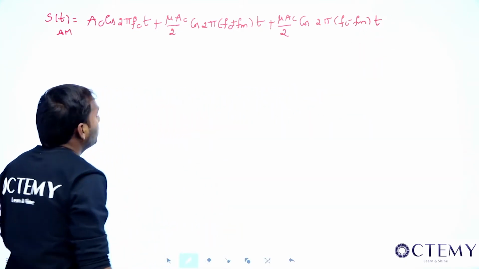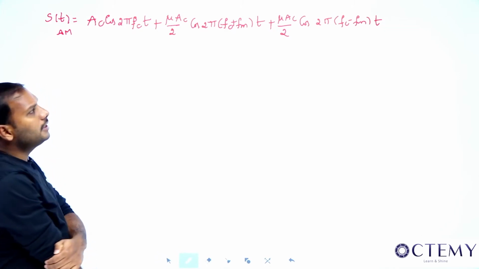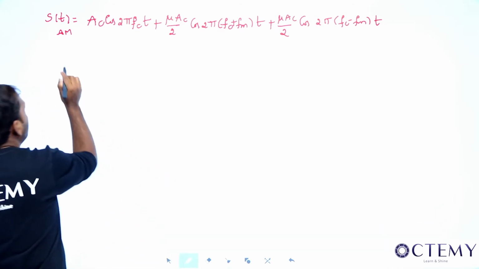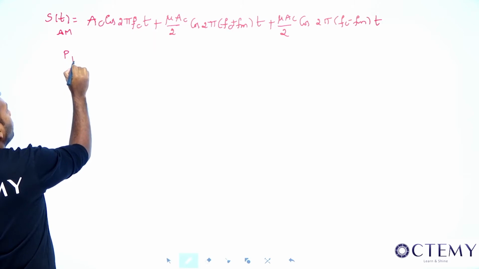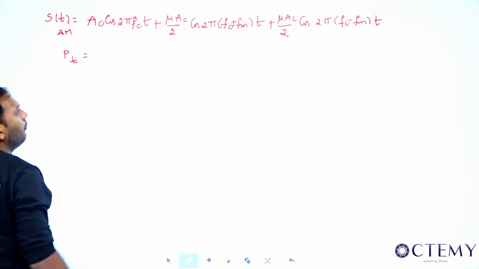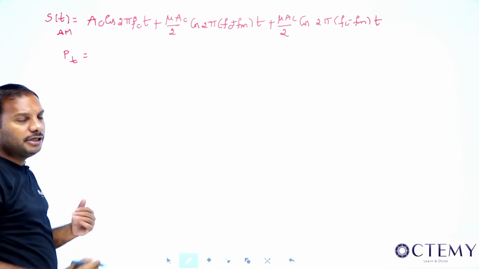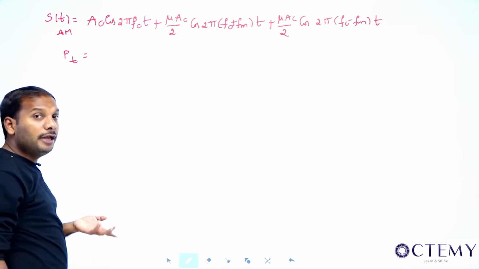So this is the S of t of AM. Now, clearly understood, I will try to evaluate the power of this AM signal. The power of this AM signal is PT, the total power, or the power transmitted by the transmitter. So the total power transmitted by the AM transmitter.